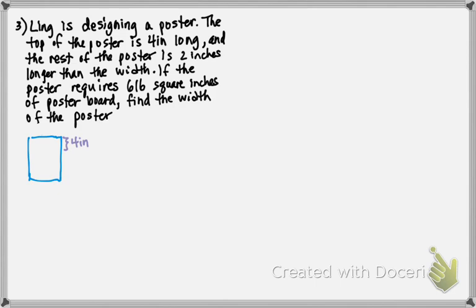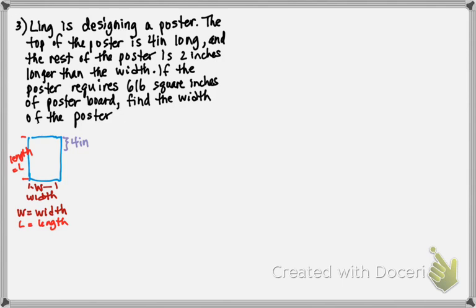So let's put in a variable here. This is your width. From this corner to this corner is your width. So I'm going to define W equals width. And then that means that this would be the length. So we're going to have L equals length.